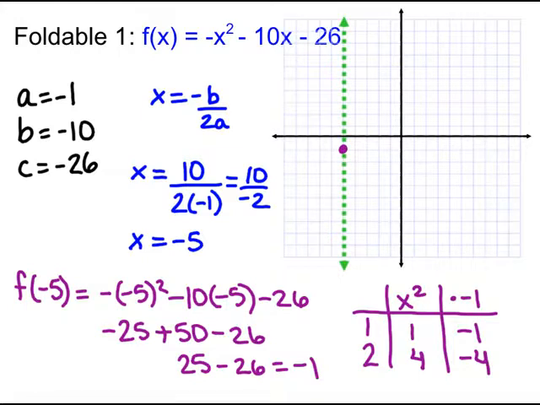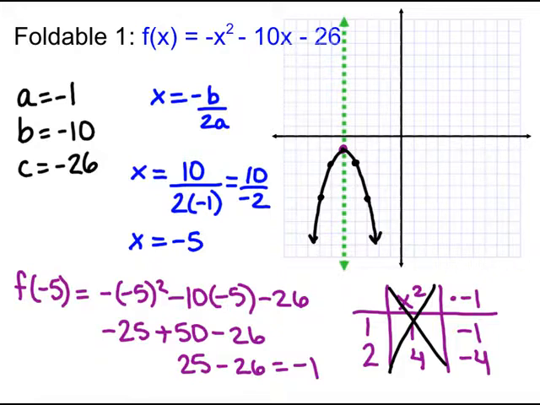Remember that the middle is unneeded, so we get rid of that. So from my vertex, I'm going to go right 1 down 1, and right 2 down 4, and I'm going to reflect that across my axis of symmetry. Then I just draw my parabola in, and I put arrows on the ends. As you notice, this does have a maximum at y equals negative 1.